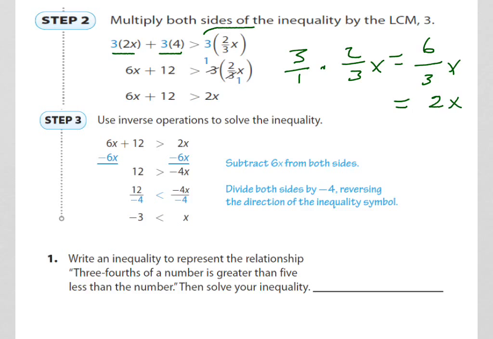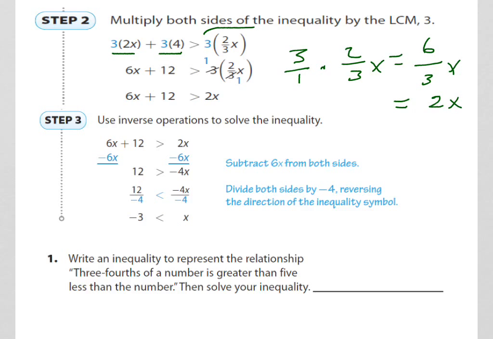That's the exact same thing we did here, except we simplified prior to multiplying by simplifying the 3's and the 3's, which will give us 1 and 1, and 1 times 2 is 2, and 1 times 1 is 1, and that's how we got the 2x. Okay, so here's our new inequality minus the fraction. So now what we need to do is just use inverse operations to solve it.